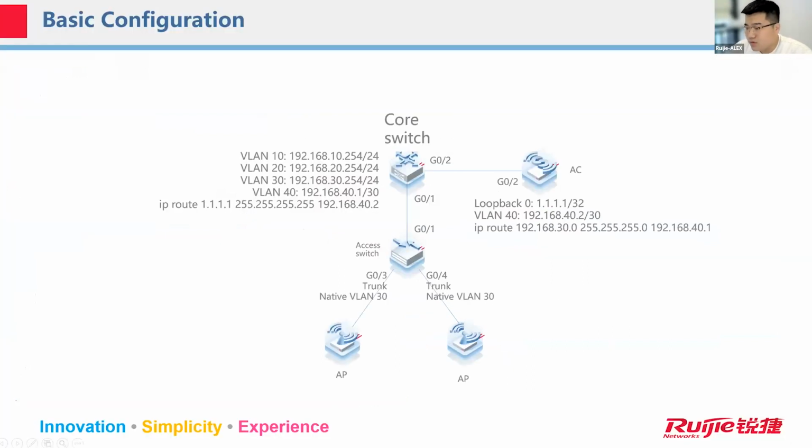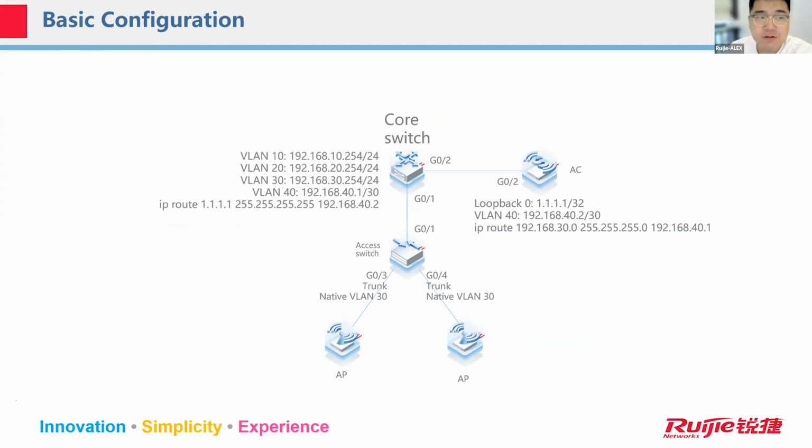In this lab, we have two switches, one AC and two APs. Right? The architecture is quite simple, right? Well, let's see how to finish the configuration of this topology step by step.